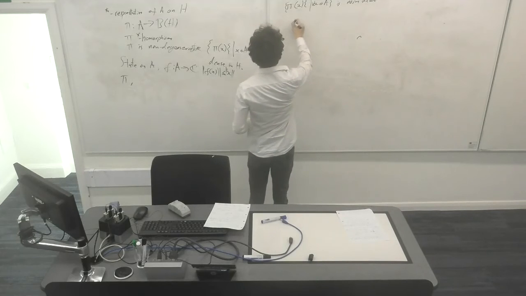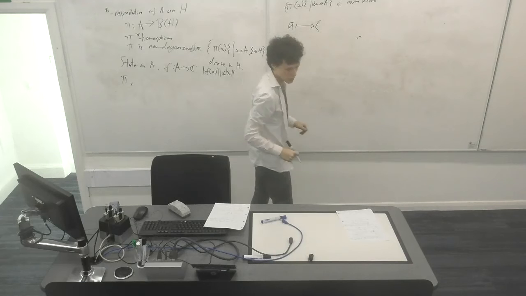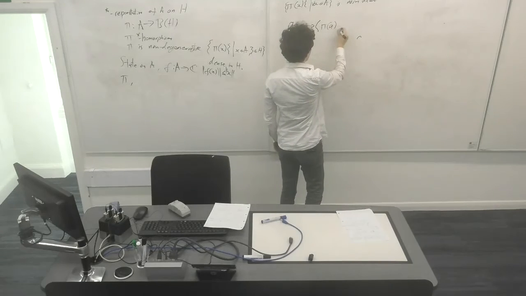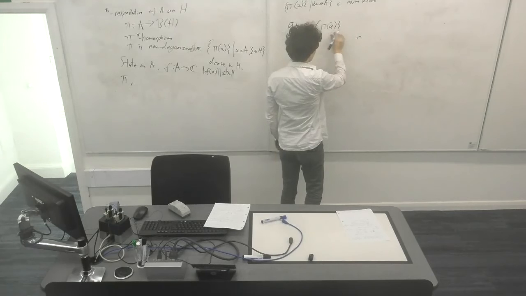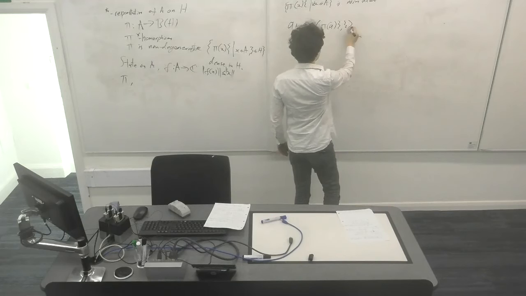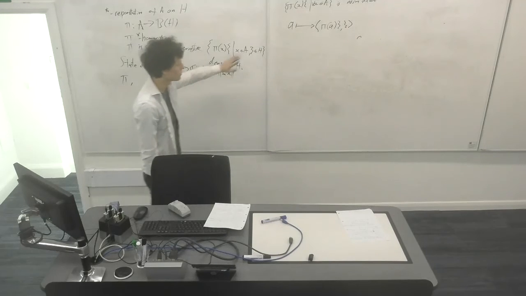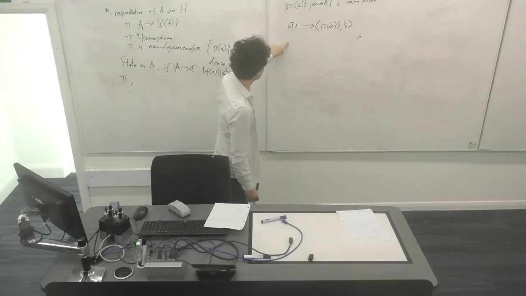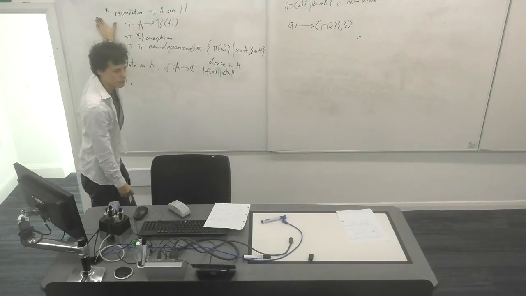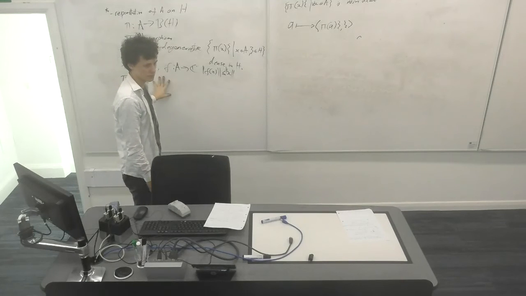Then this function from A, sending a to the inner product of pi of a psi with psi, actually satisfies the property of being a state. Its norm is 1. This is a state. Which means that given some representation, the representation is equivalent to a state.